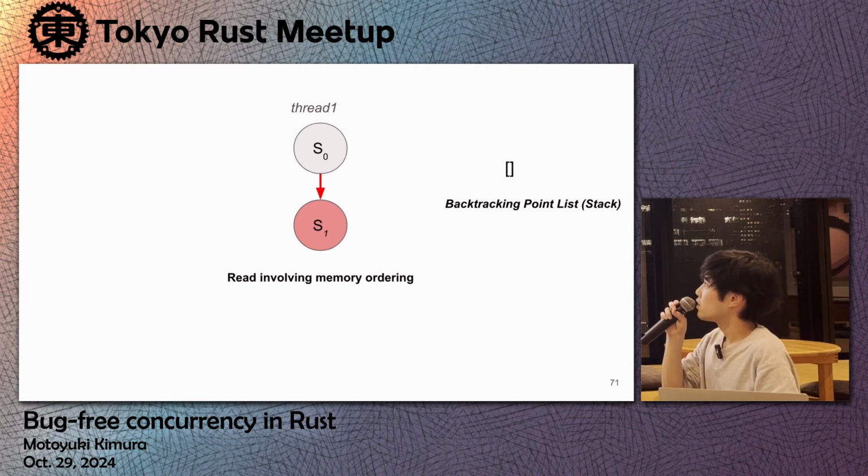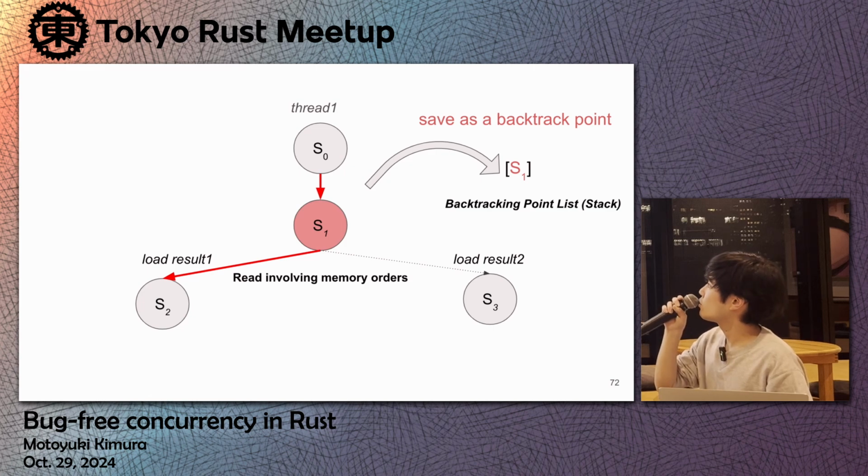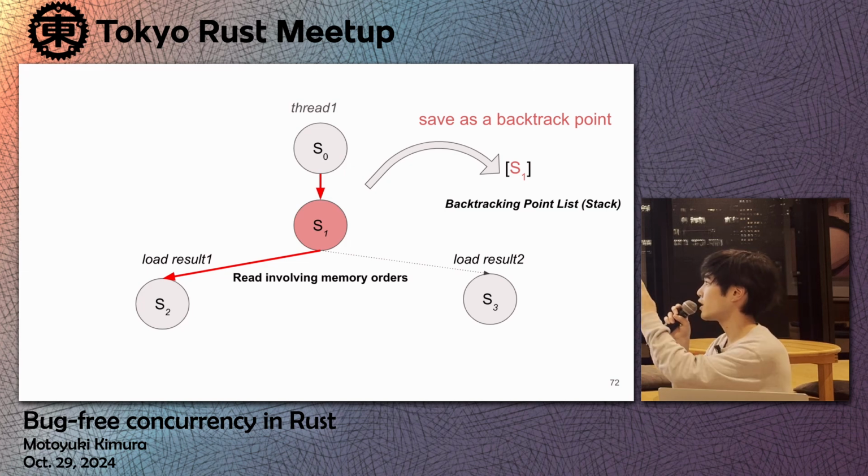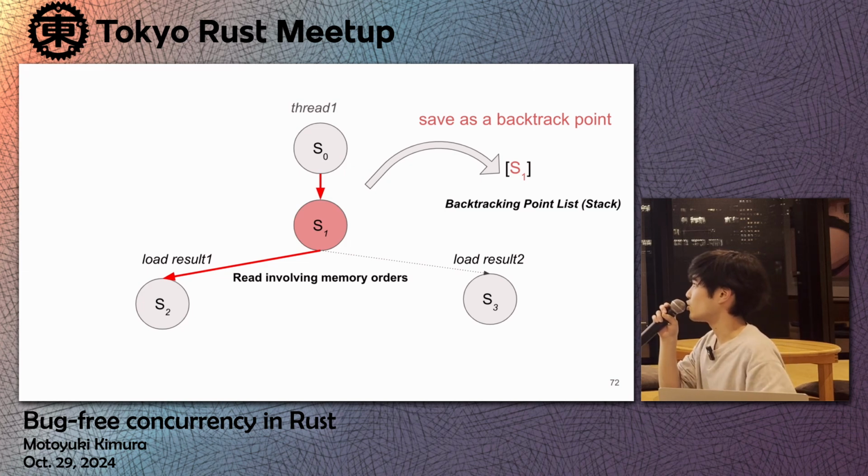This time, we not only store to the backtracking point list when there is a dependent access, but we also track the read operation of memory involving memory orders.